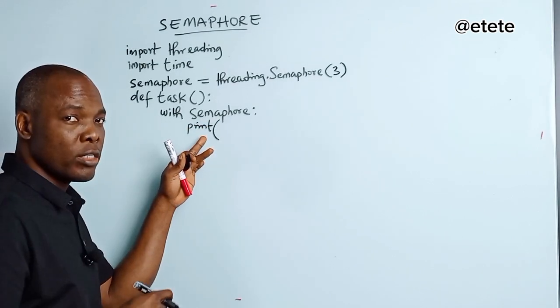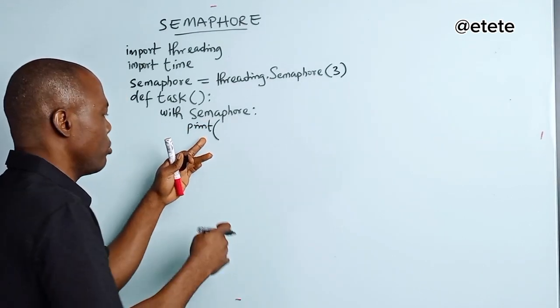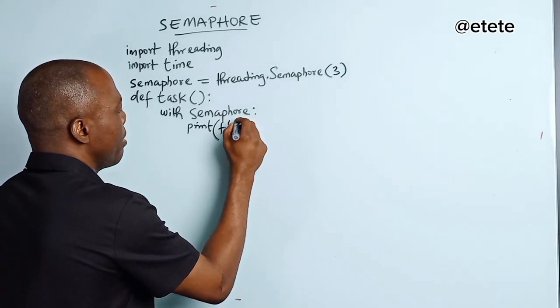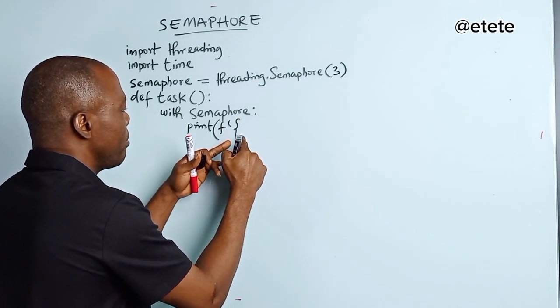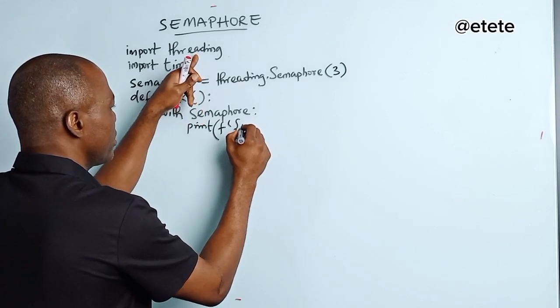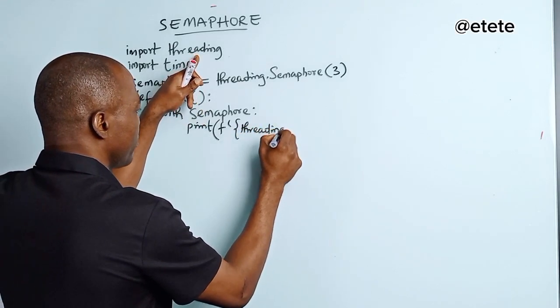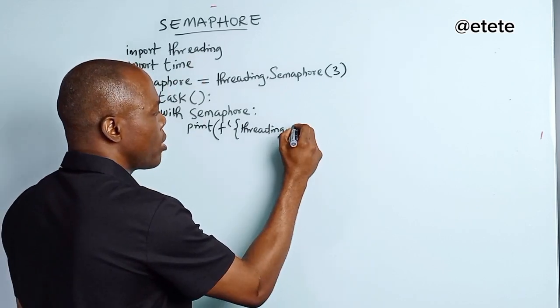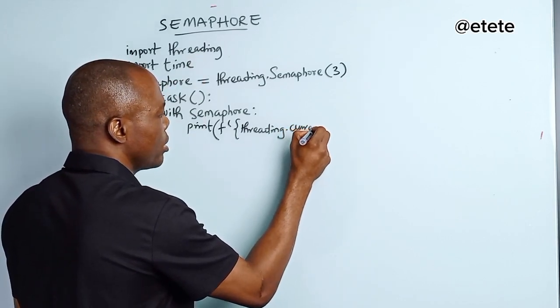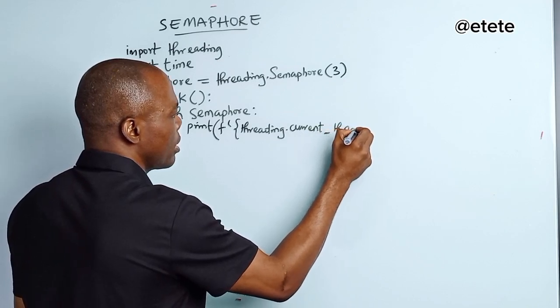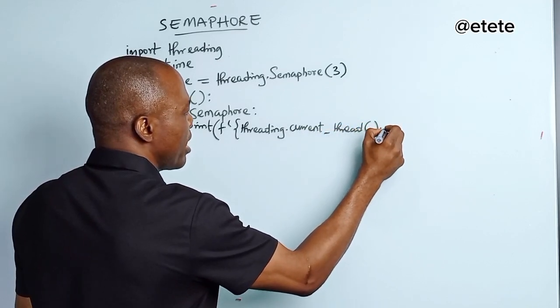I am assuming this to be the action that should be taken. I will call my format string, and inside this curly bracket, I'll call this threading. Inside it, I will say current thread method, right? To access the name.